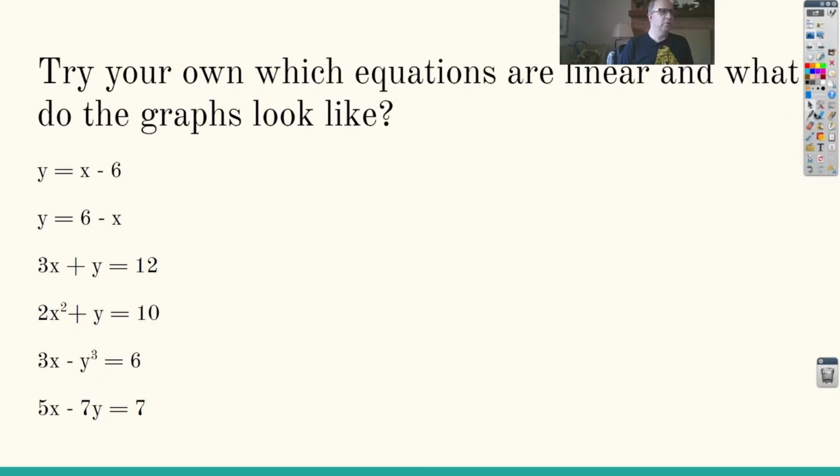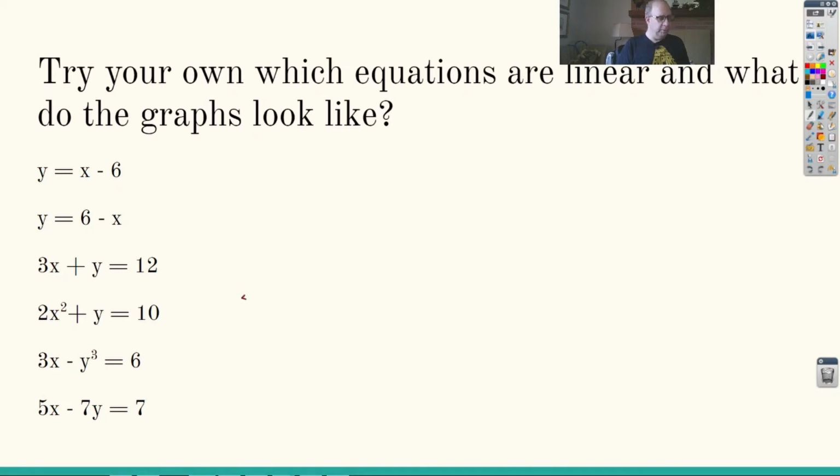So if you want to try these equations, go to desmos.com/calculator and just type in exactly as you see this. Y equals x minus 6. Y equals 6 minus x. 3x plus y equals 12. And you can do this one: 2x, you use the caret, the key above the 6 for the exponent.